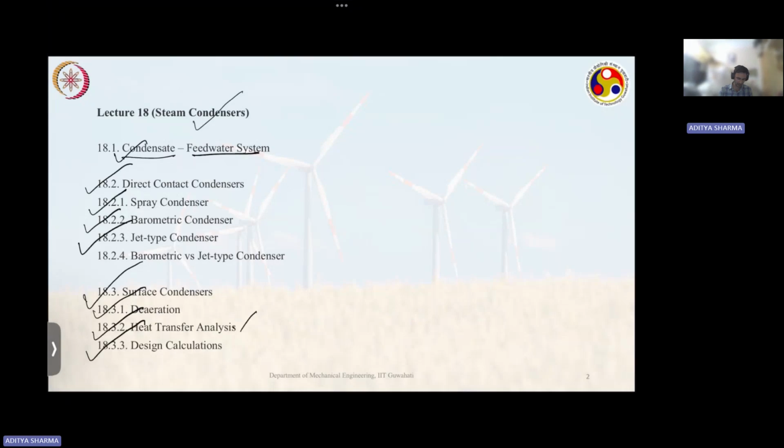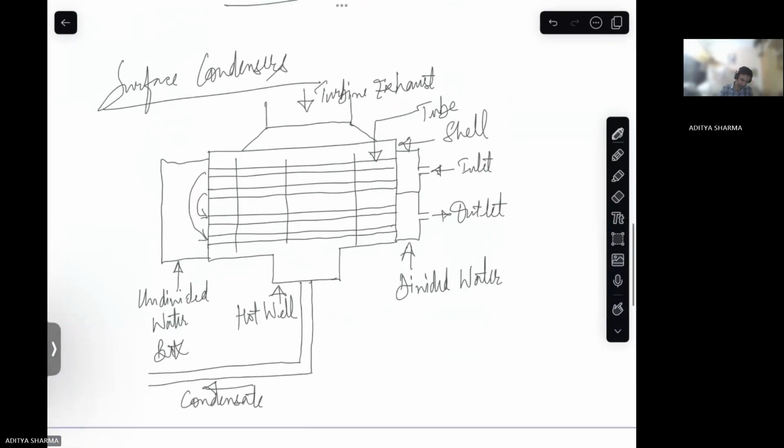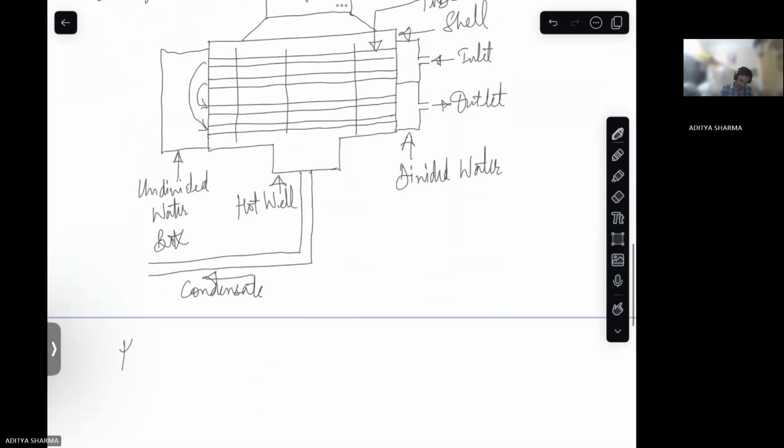Then is your heat transfer analysis. So in heat transfer analysis, one parameter.